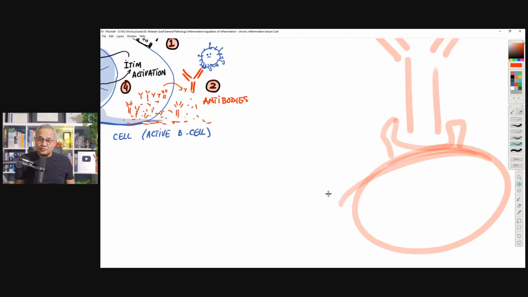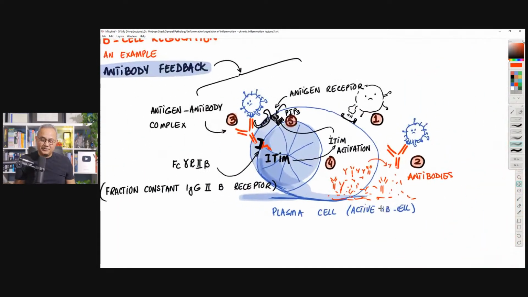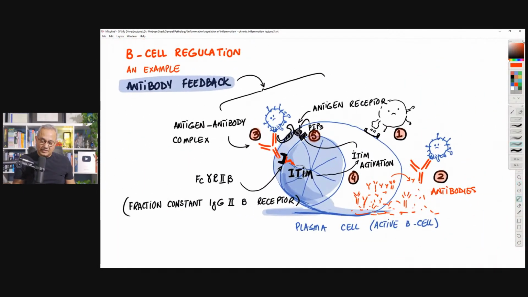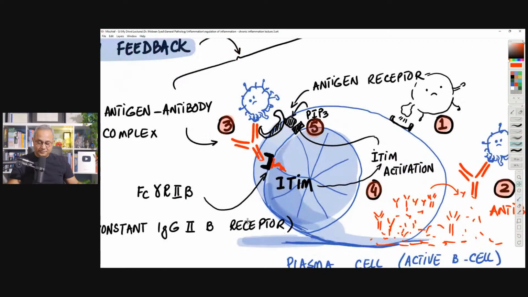They also attach with platelets. And here, the fraction constant, imagine this is the complex, antigen-antibody complex. The fraction constant connects on the B cell with the Fc receptor. So this receptor is called, check this out with me, I'm going to make it bigger.